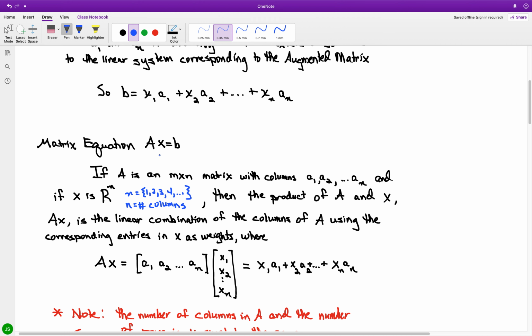Now for the matrix equation, again, we have Ax equal to b.